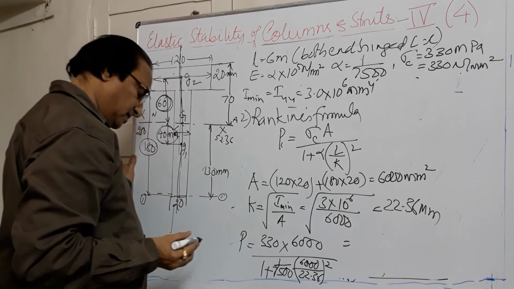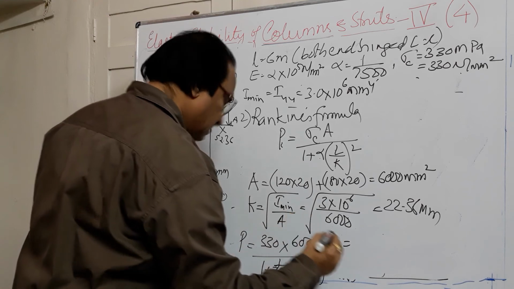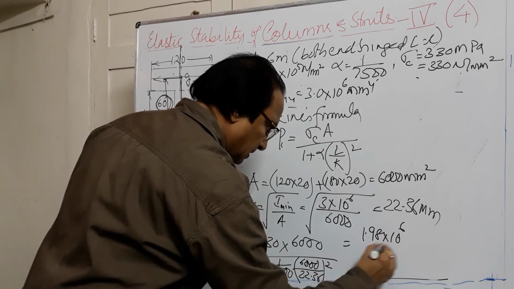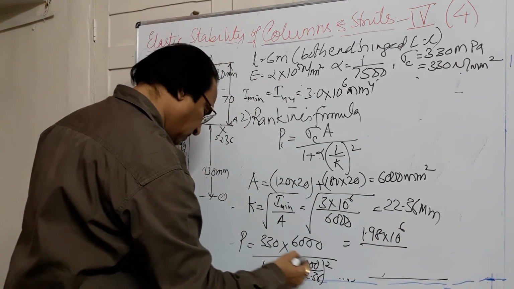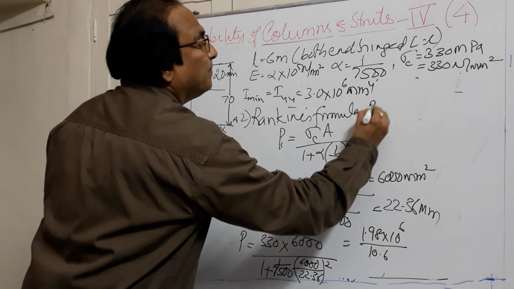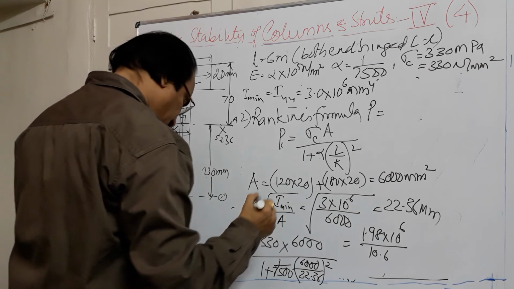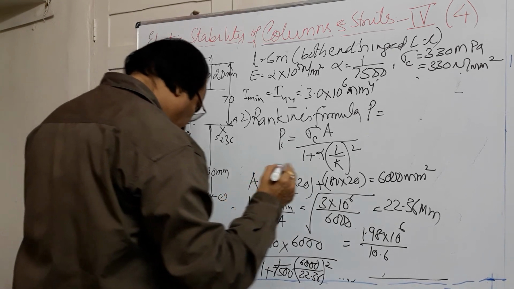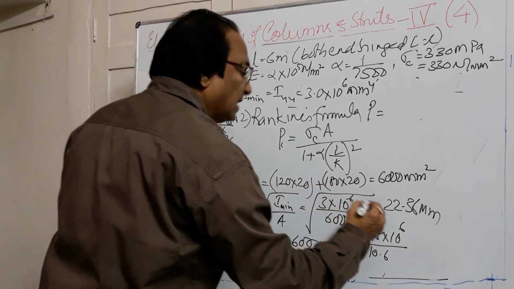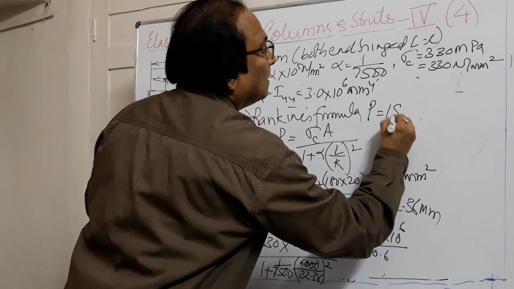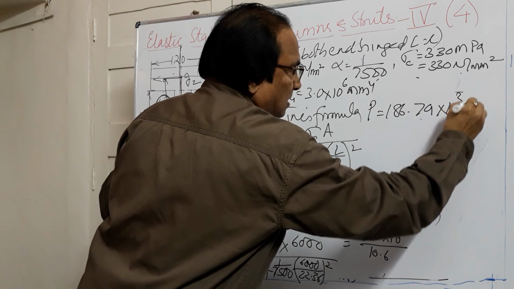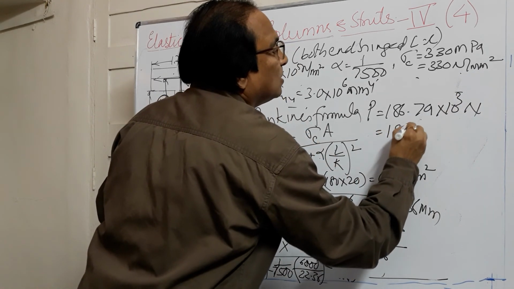If you simplify this, you get the numerator as 1.98 into 10 to the power of 6, divided by, if you simplify this whole thing, you get the denominator as 10.6. So the value of P according to Rankine's formula is 186.79 into 10 to the power of 3 Newton. So this will be equal to 186.79 kilonewton.